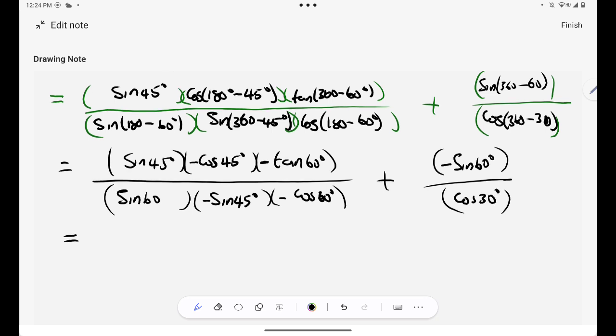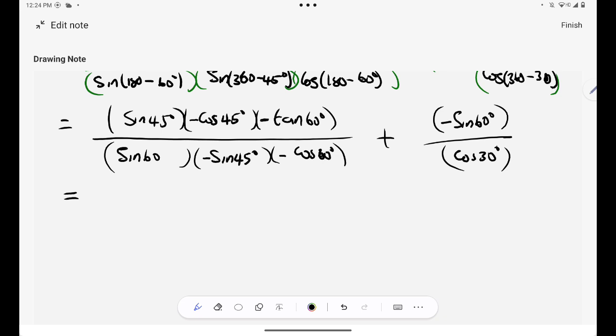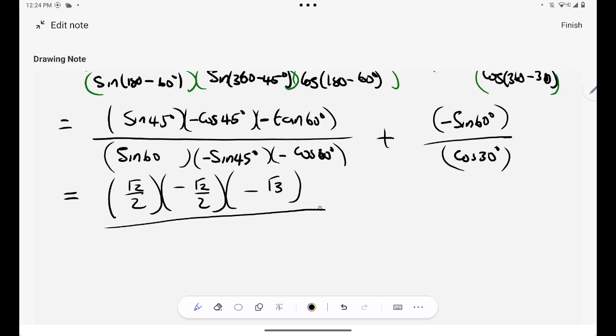And then all I need to do is to just substitute the values of x, y, and r. Sine 45 is equal to the square root of 2 over 2. Negative cos 45, the negative square root of 2 over 2. Negative tan 60, the negative square root of 3.